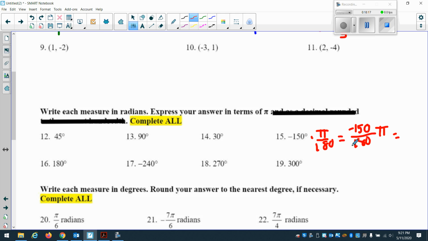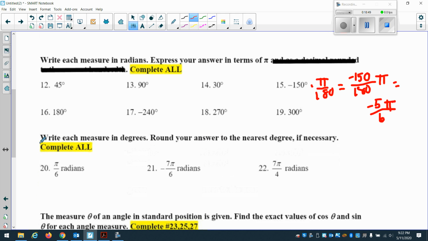What can you reduce by? Well, first you could cancel out the zeros. Okay, so negative 15 over 18, 3 goes into both of those. So you will end up with negative 5 pi over 6, or negative 5/6 pi. Okay, so in this section where it says just convert to radians, that's all you're doing. You're not going any further.